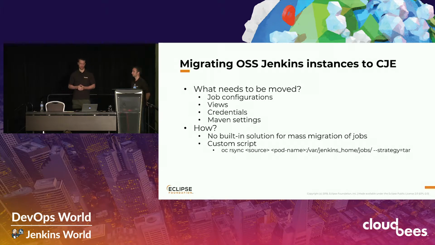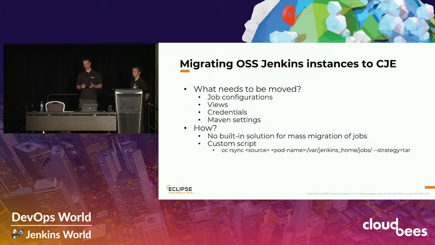And so what we did is we created a little custom script, some bash is involved, that pulls or extracts the configurations, views, all that, and zips it together. And then we use the tools from OpenShift, in this case oc rsync, to directly copy those files into the managed master pod.